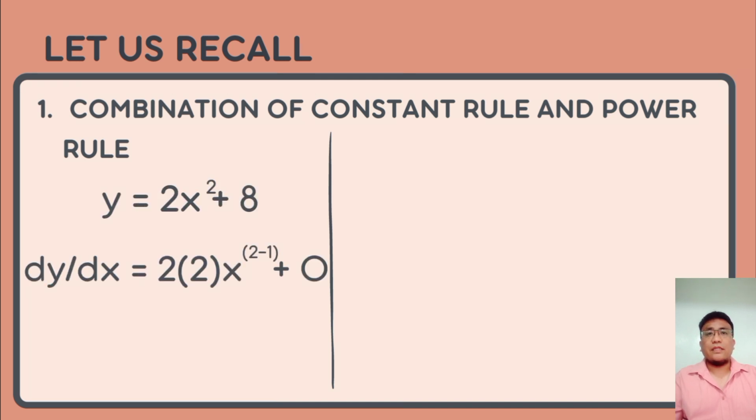So dy over dx, we will apply the exponent rule on the first, and that is 2 times 2 times x raised to 2 minus 1. And then the derivative of 8, which is a constant, is 0. So the final answer is dy over dx is equal to 4x. Any questions?